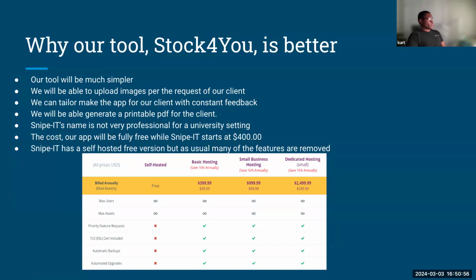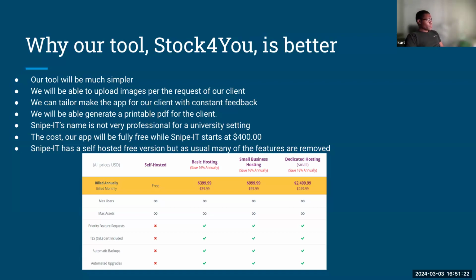We can tailor make the app so we can add features that the client needs or wants changed. We'll be able to generate printable PDFs for the client, so that when someone checks something out, they can sign a paper like a hand receipt, then the client can take that and upload it, maybe even do digital signatures.